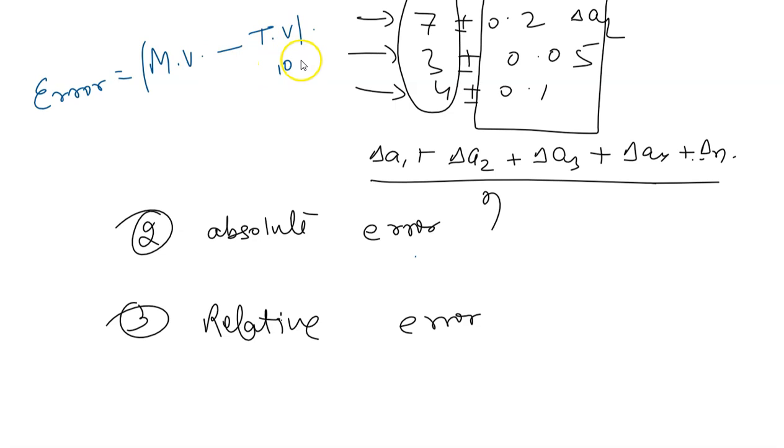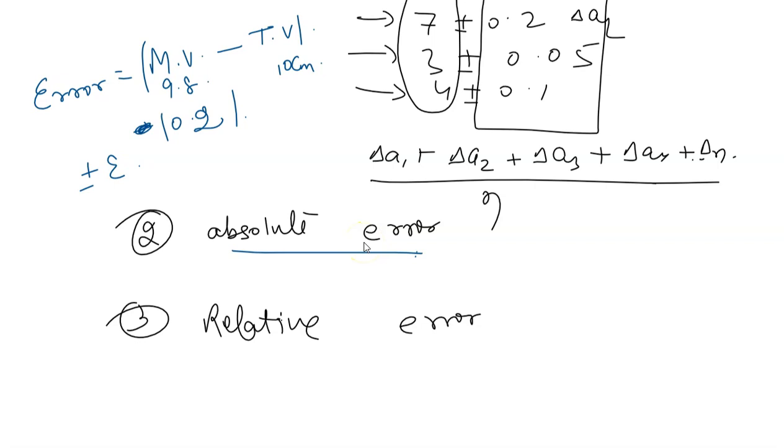True value means, let's say the length of the pen is 10, but I measured it to be 9.8. So what will be the error? 0.2. That will be the error. Error is always positive. That is a different thing. We add plus and minus before error. Okay. Coming to absolute error. What is absolute error in this case?